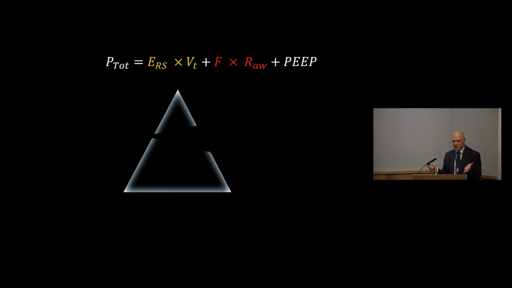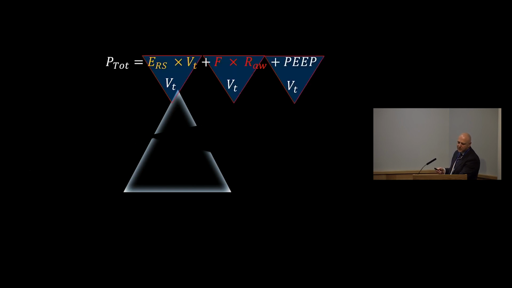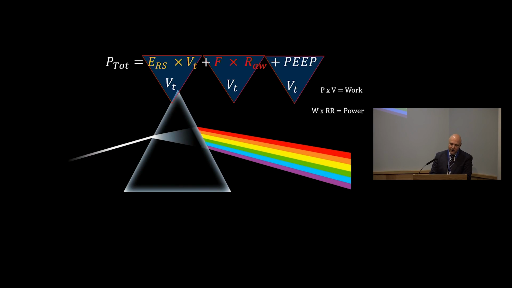So this is a pressure. If to this pressure you add volume to each term, you obtain pressure times volume, which is work. And if you add the respiratory rate, work times the respiratory rate is power. Essentially you take all these components, and you make one number, which is your mechanical power.